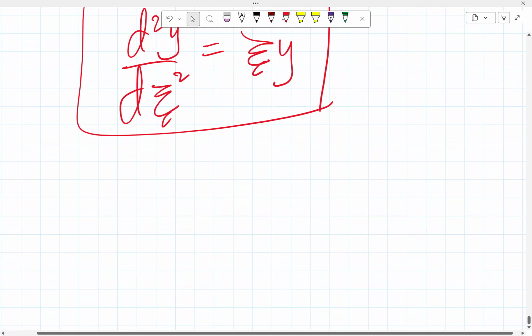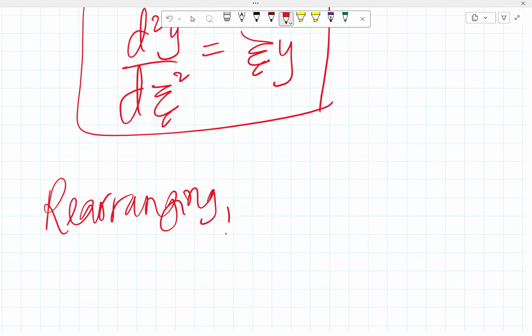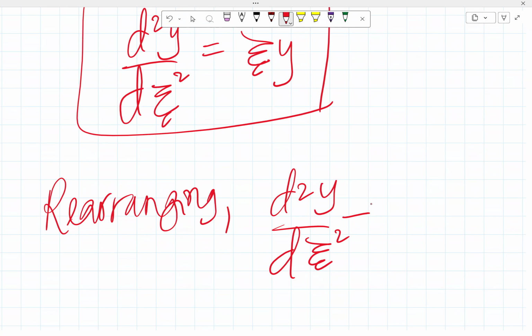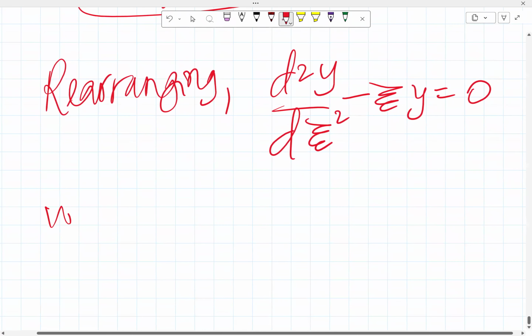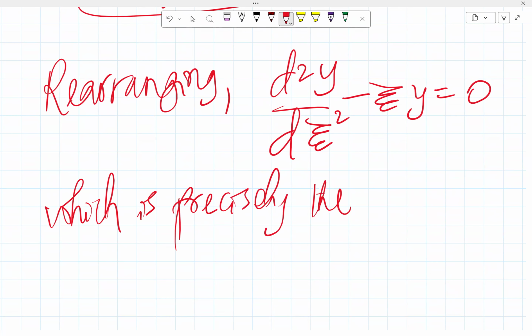So if we rearrange now, we have that d squared y, d psi squared minus psi y is equal to 0, which is precisely the Airy equation.